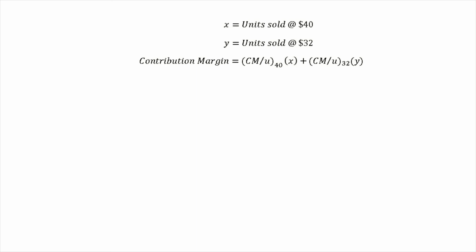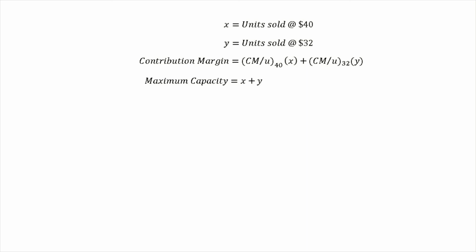Then the formula for the contribution margin is the contribution margin per unit for the units sold at $40 multiplied by the units sold at $40, plus the contribution margin per unit of the units sold at $32 multiplied by the units sold at $32.